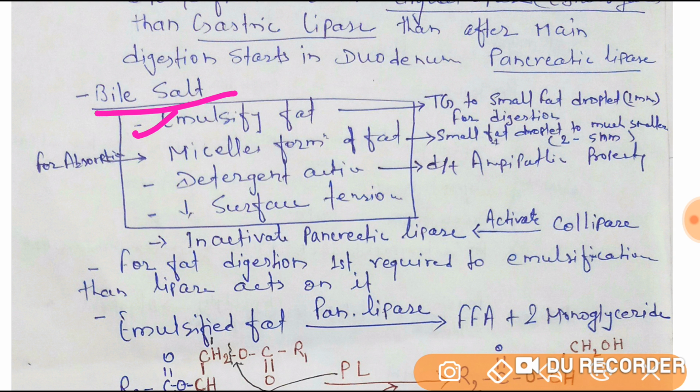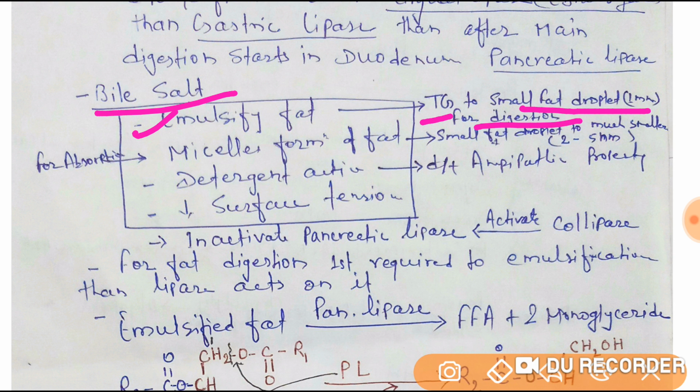Emulsification converts the triglyceride into small fat droplets. The size of a small fat droplet will be 1 millimeter.